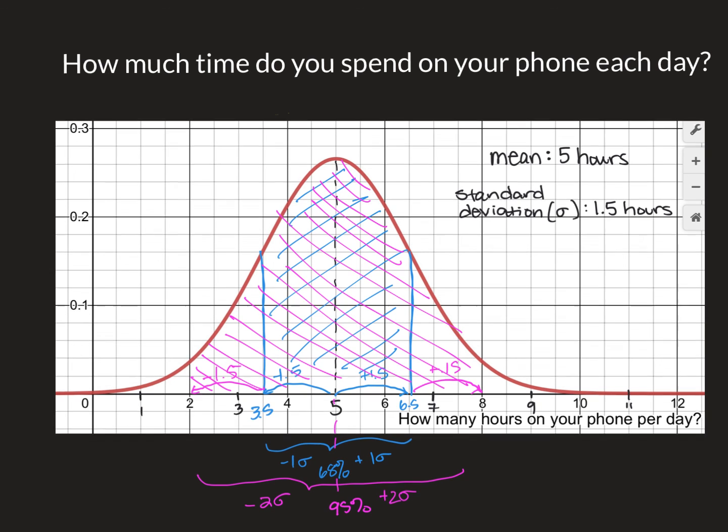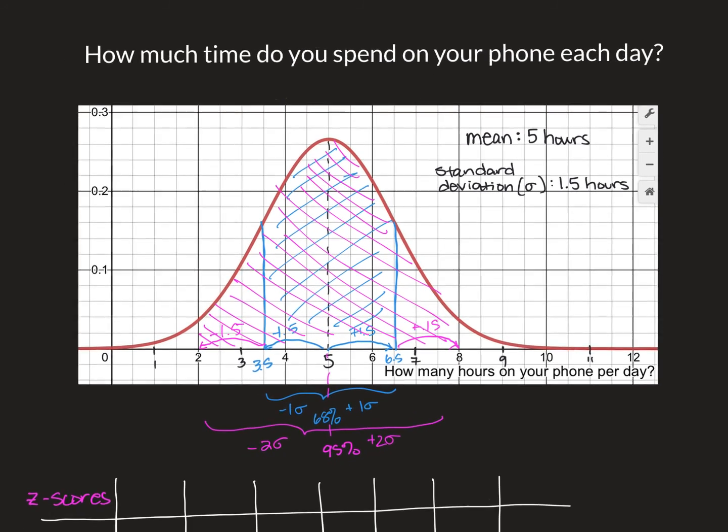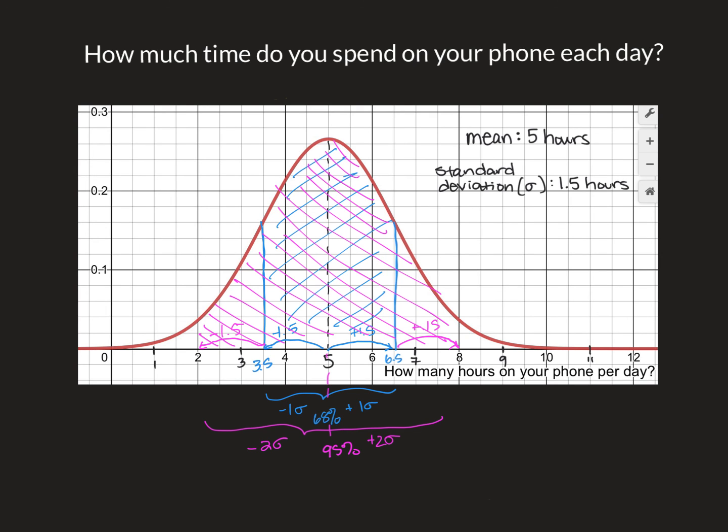And I'm just going to give myself a little bit more space if I can. Get rid of this because we don't need it. Sorry. Finally, if you go all the way out to another minus 1.5, and over here plus 1.5, all of this space right here now covered by all of these, this is minus 3 standard deviations or plus 3 standard deviations, again from the mean, and this is now 99% of our data.